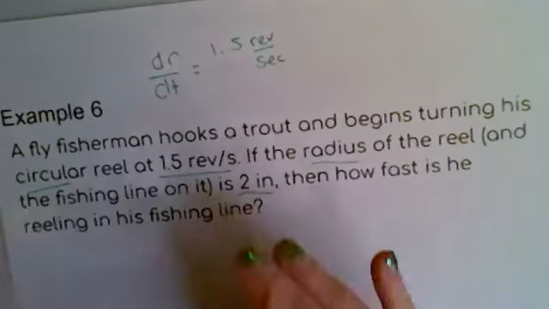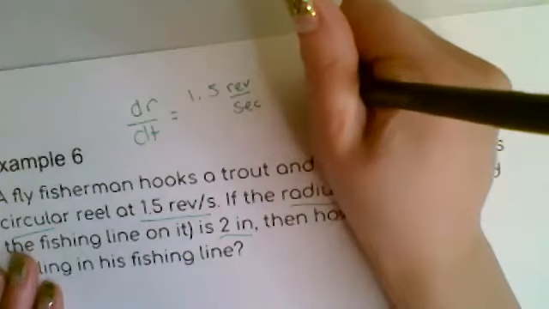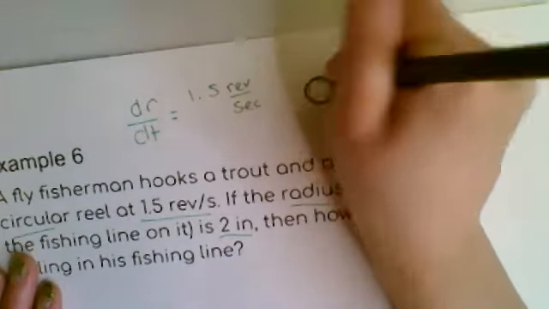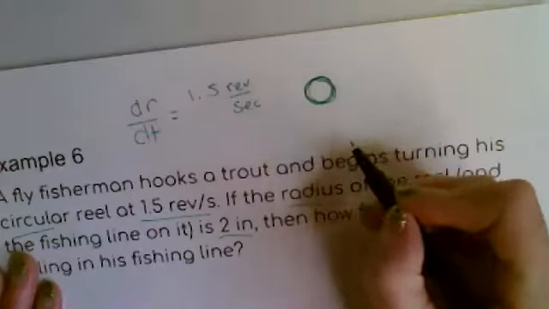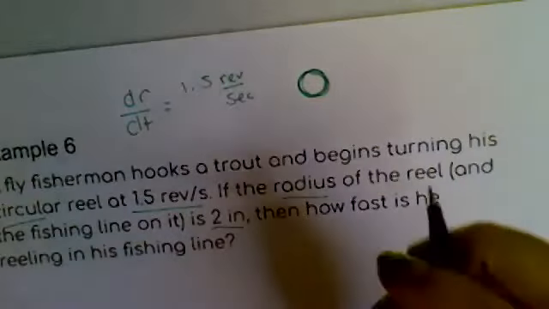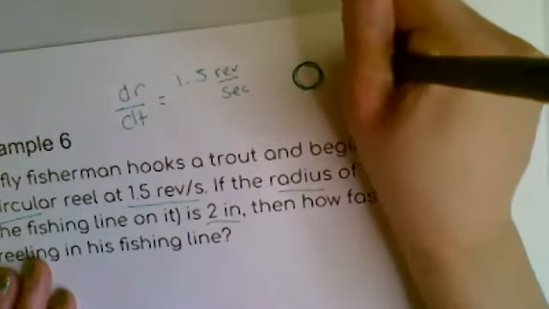The circular reel, if you think about it, he's winding it up, and it's going around the edge of the circle, so that means it's going to be circumference that I'm dealing with, and the formula for the circumference of a circle is 2 pi r.